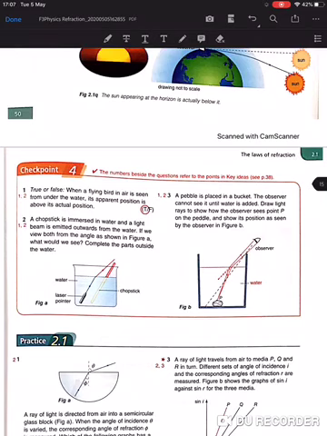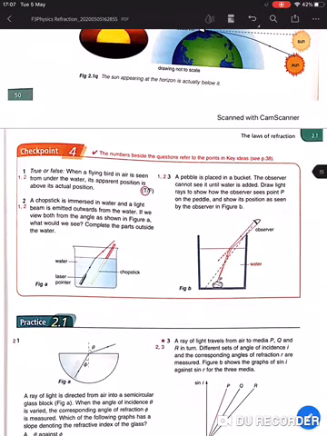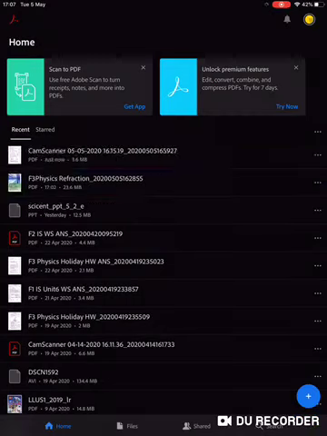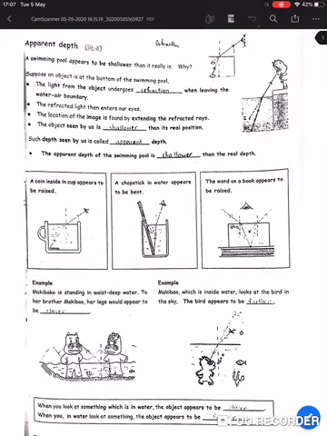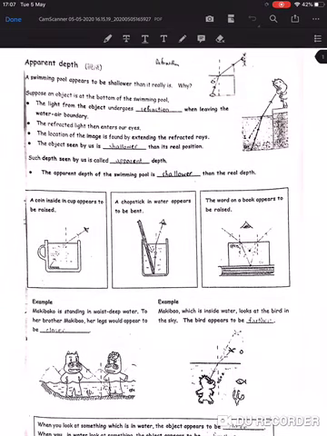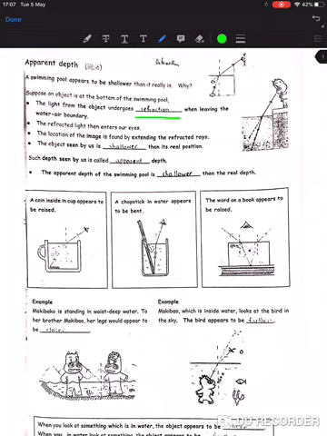Okay, so now let's go back to the notes. So in here, the light from the object undergoes refraction when it leaves the water-air boundary.